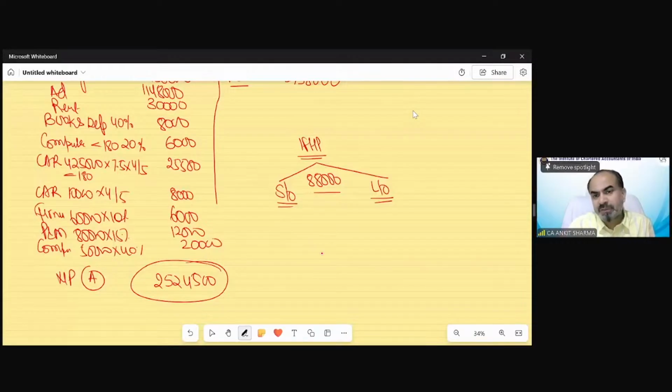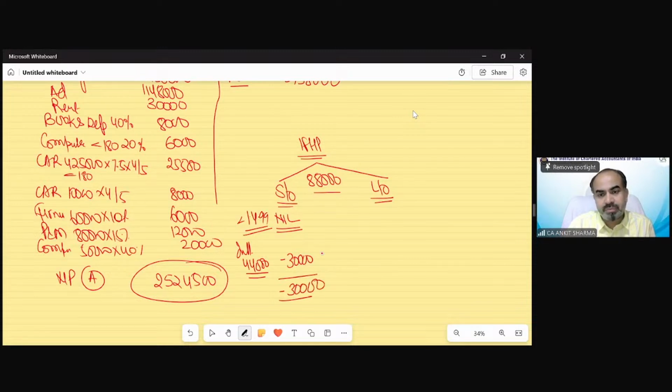Now for the self-occupied property, the annual value would be nil. Only interest can be claimed, 44,000, the 50% part. But the maximum we can claim is 30,000 because the loan was taken before 1/4/1999. So the loss would be 30,000.